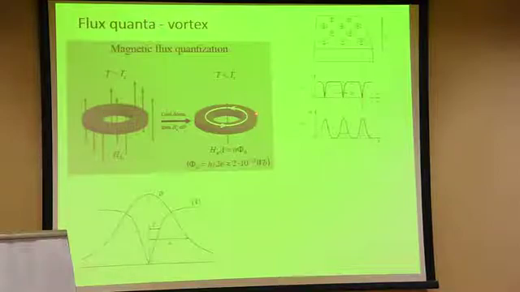We remain with a circulating supercurrent, and it was proven both theoretically and experimentally that the magnetic flux created by the circulating supercurrent has to be an integer multiple of the magnetic flux quantum, which has the value h divided by twice the electron charge, which is about 2 times 10 to the minus 15 Weber. So this is called the flux quantum.